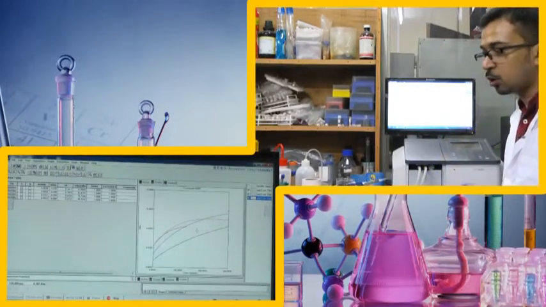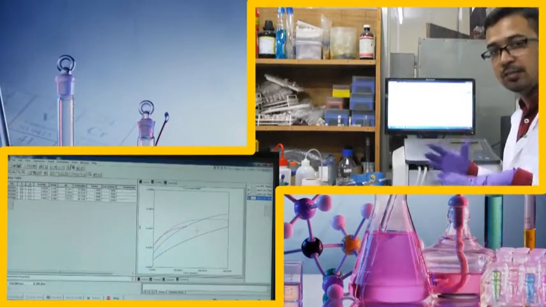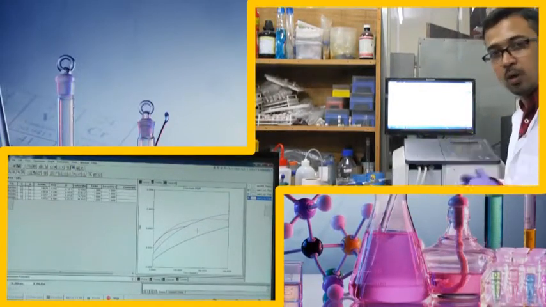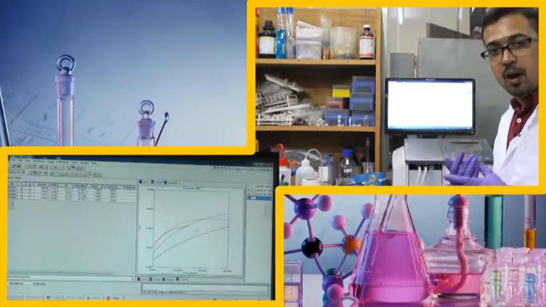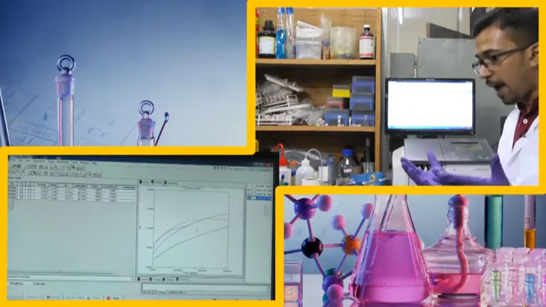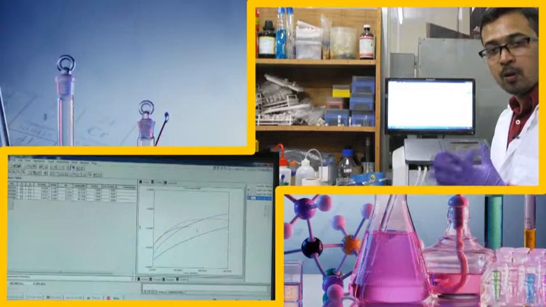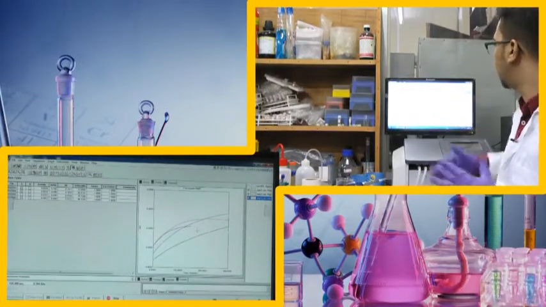Now, as the substrate concentration is increasing, the active sites of those enzymes are getting occupied. So, initially it is showing an activity, but since it is being saturated, all the active sites are being filled up, or rather occupied. So, it is getting saturation at an early stage here.